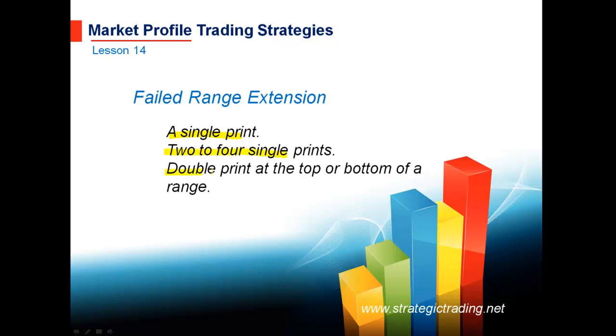It could be a double print at the top or at the bottom of a range. So there isn't one single form that a failed range gives me, but basically what is happening with a failed range extension is the market tried to move and extend in a particular direction and it failed.